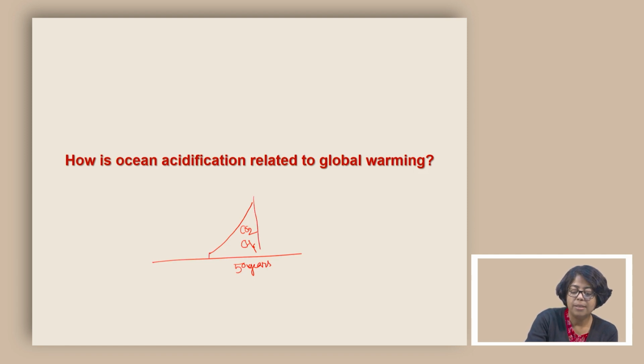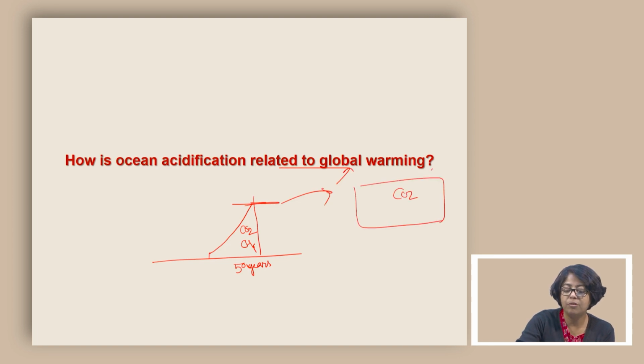And this increase is leading to global warming, because increased carbon dioxide in the atmosphere basically traps sun energy and makes the atmosphere very warm, and that is the primary reason for today's global warming.